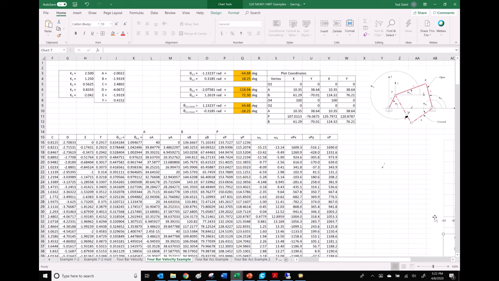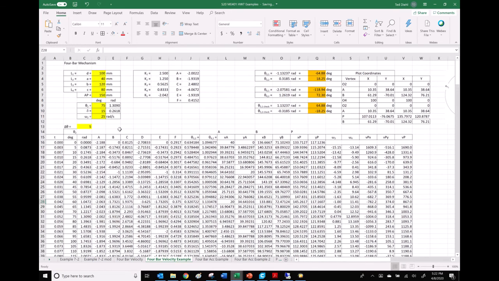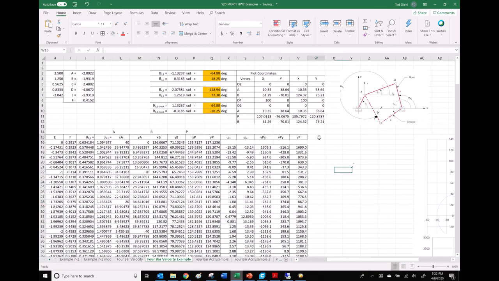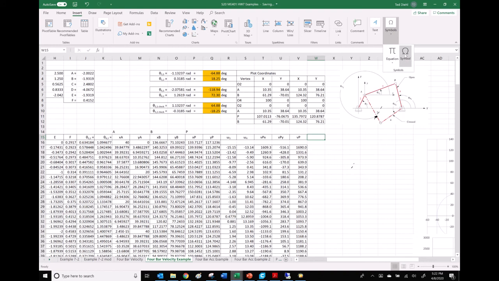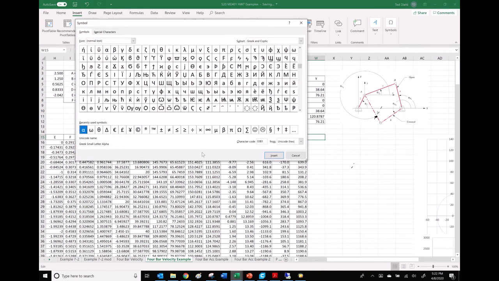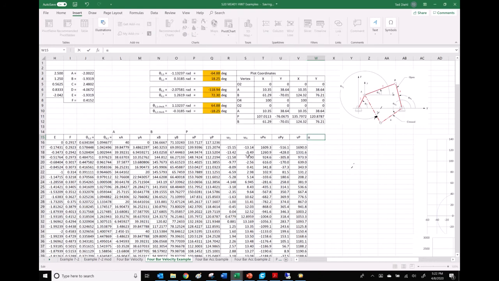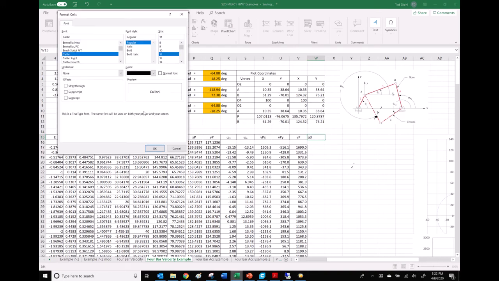All right, so let's go ahead and find the angular. Well, yes, okay, everything here should be correct. Let's find the angular velocities so we can compare those. So I'm going to give them a label. I'll put alpha 3 down in here, but we'll subscript this just to make it look nice and pretty.